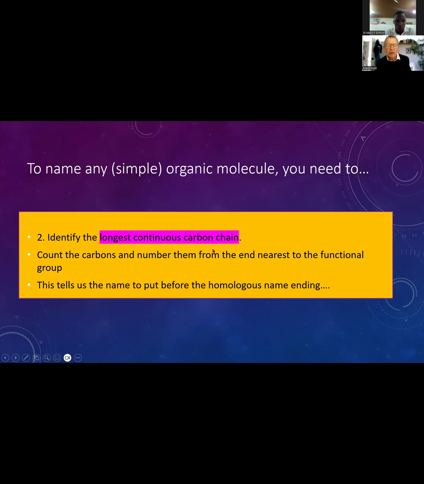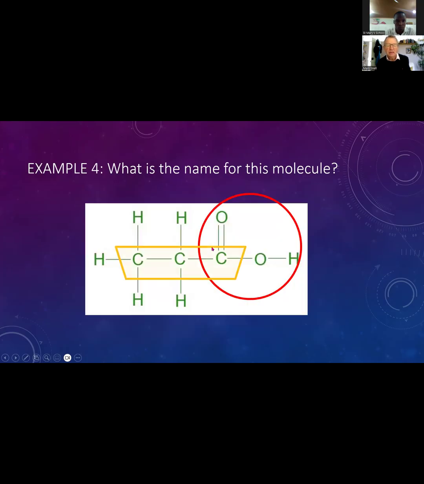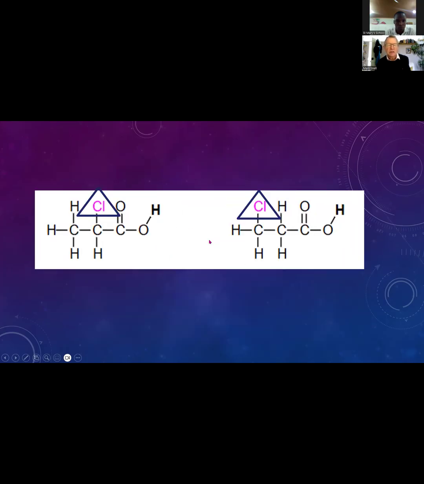That's really important. So let's go to these. Here they are. So that means I number from this carbon here, on the left-hand molecule, because that's the one which is on the functional group. So I would number from here, number one here, two, and three.